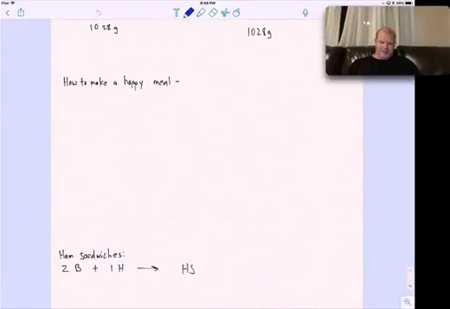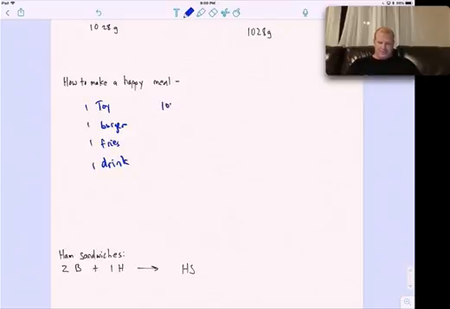Maybe you think back to your youth and how to make a Happy Meal. What's in a Happy Meal? Well, you've got a toy, a burger, some sort of fries, I know it can be apple slices or something like that, and a drink. All 1 to 1 to 1 to 1.